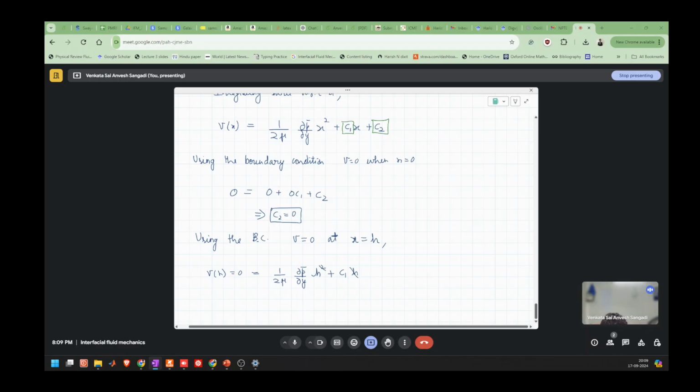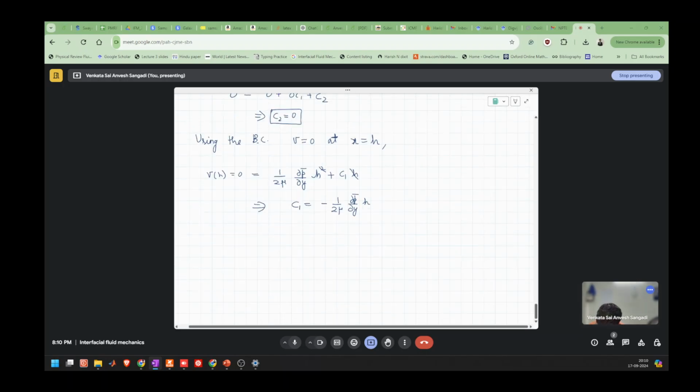So removing one h, c1 is equal to minus 1 by 2 mu dp bar by dy into h.